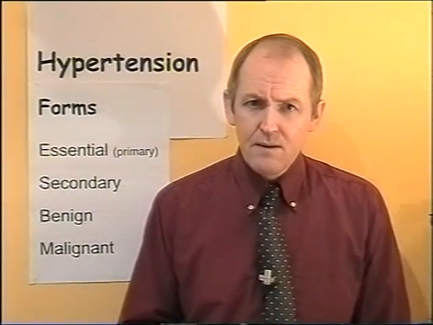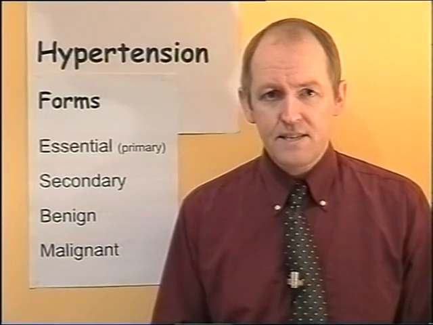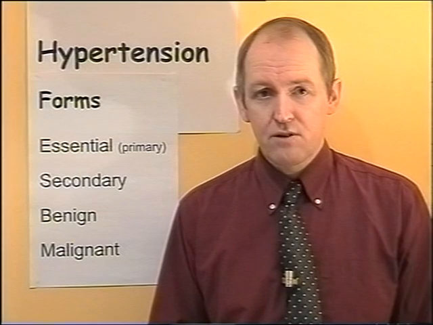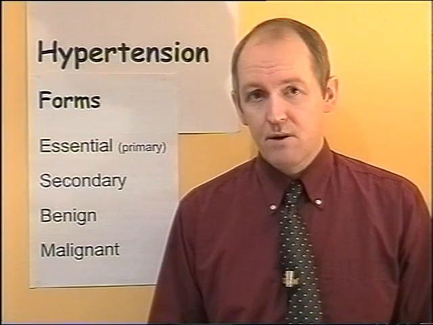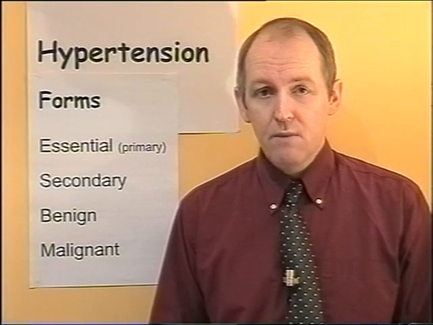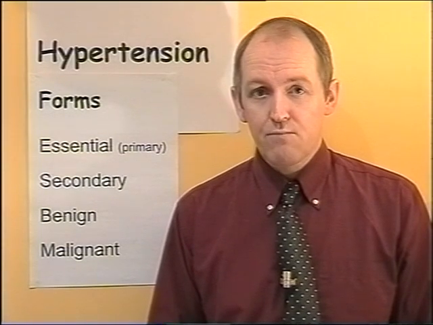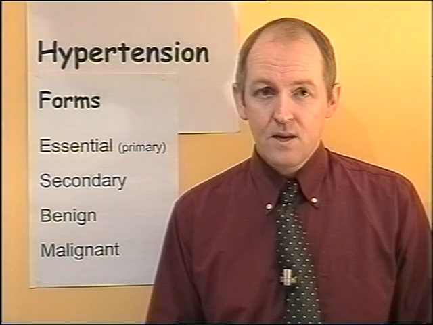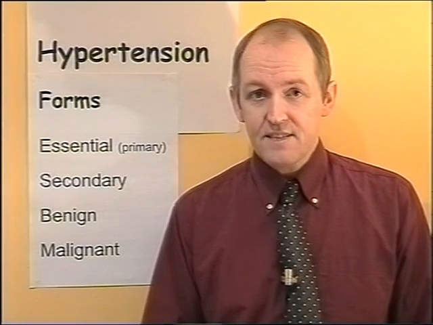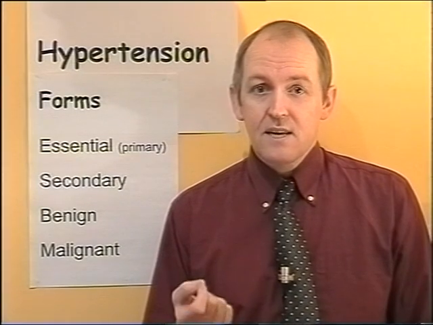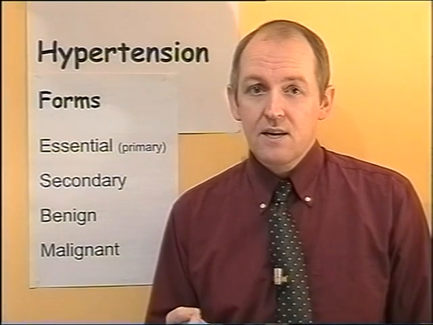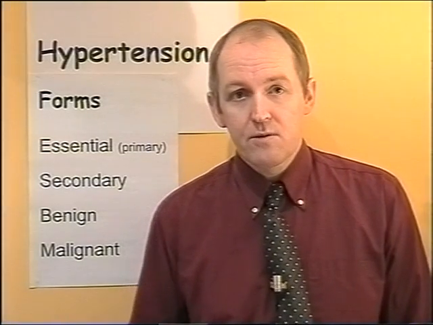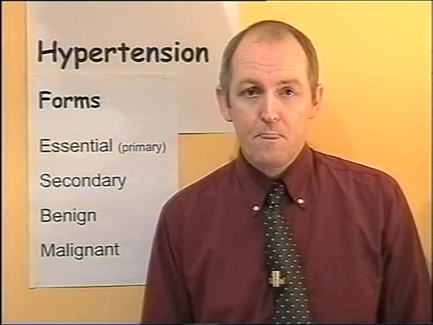Figures vary a little bit, but maybe between 2 and 5% of cases of hypertension are secondary to some other disease process in the United Kingdom and in most of the Western world. So most hypertension is essential or primary, but it can occur secondary to something else. And it's very important that anyone presenting with hypertension, you should look for these other possible primary causes, because they may be amenable to some form of treatment.